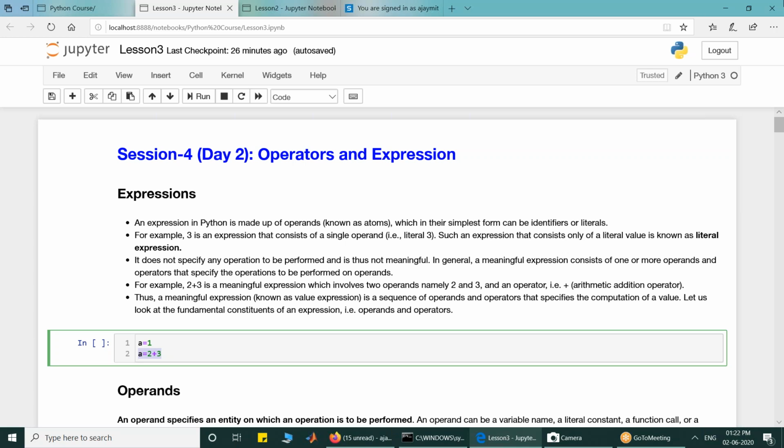Unlike C language, assignment is not an operator in Python.